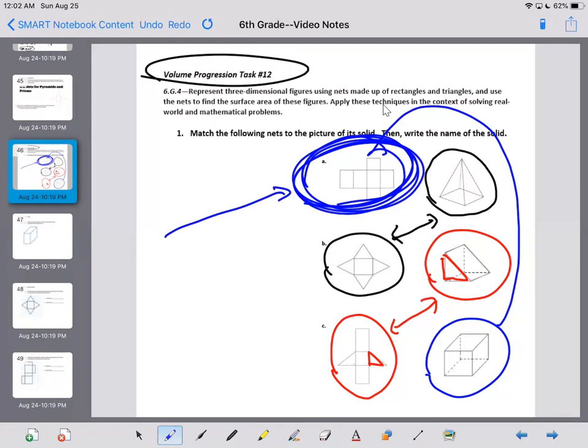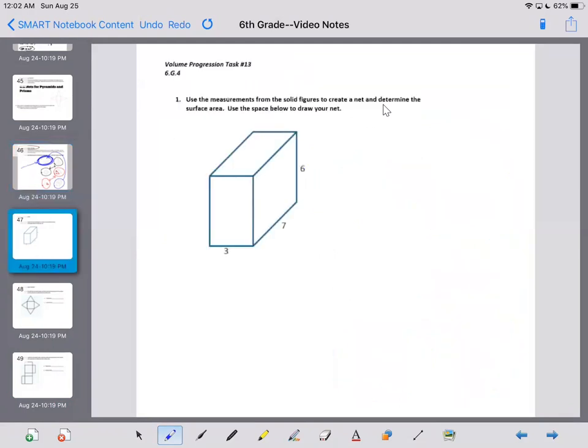All right, task number 13. Here's where I want you to create the net. So if you have graph paper, and I'll have graph paper in the student notes, so that's something that you can print, or you can always print free graph paper, or you can go get some graph paper if need be.